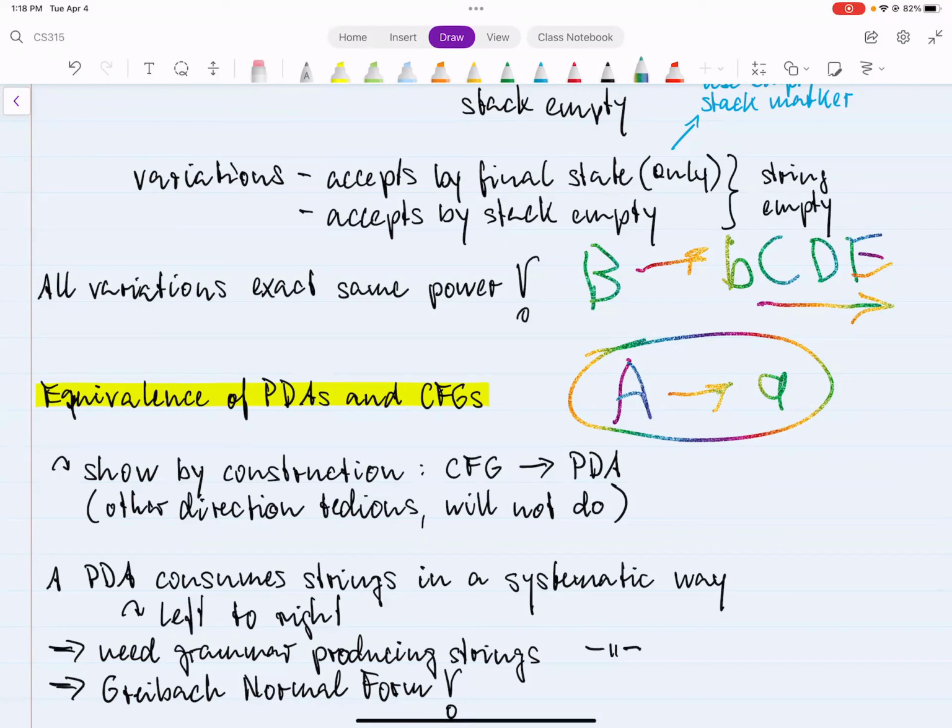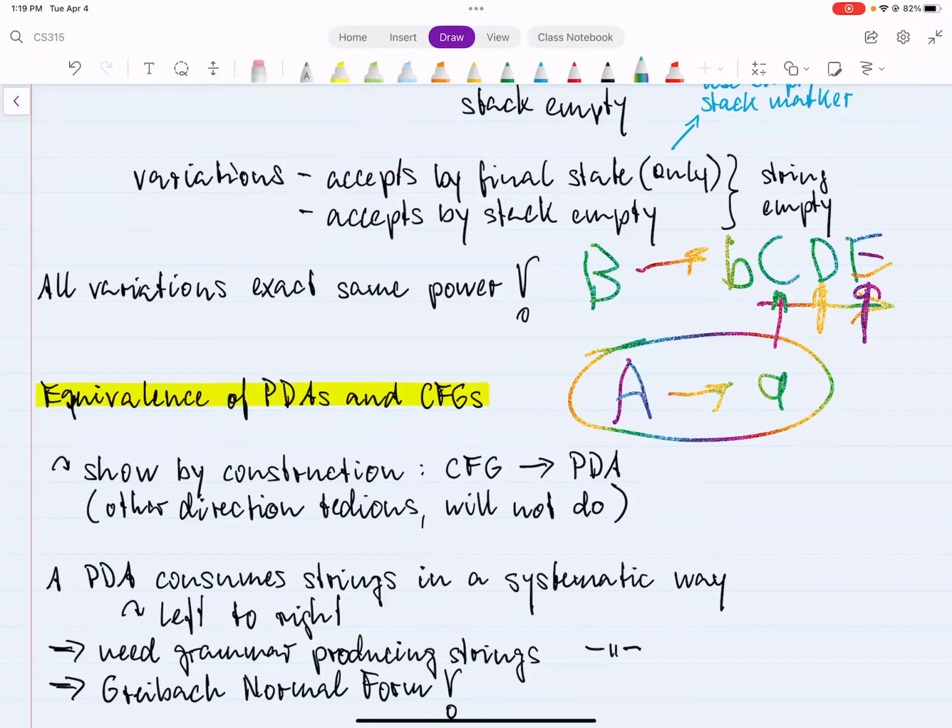So we need to keep track of the work to be done that is represented by these variables. So why not just put them on the stack? The direction already implies that this would be the top of the stack, this one below it, this two below it, and so on, right?